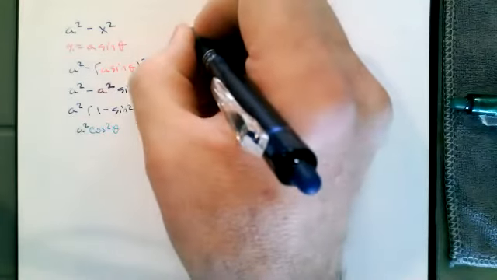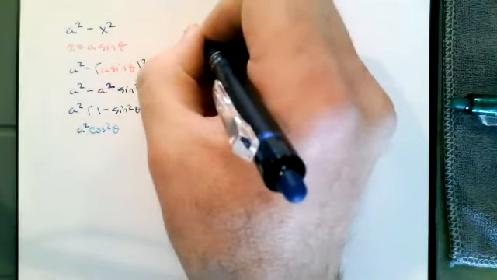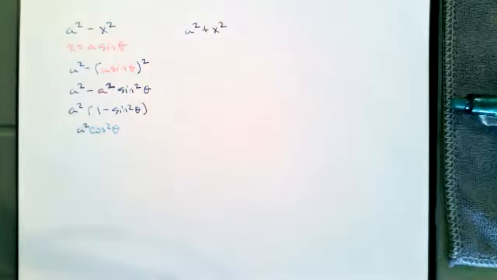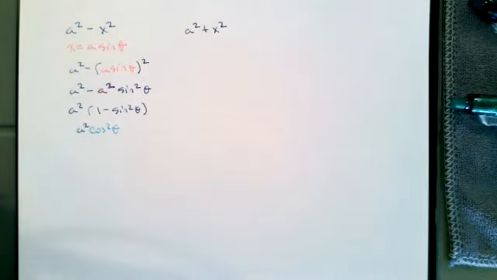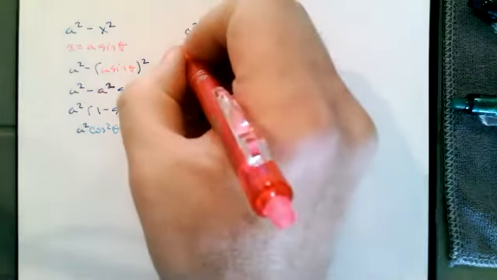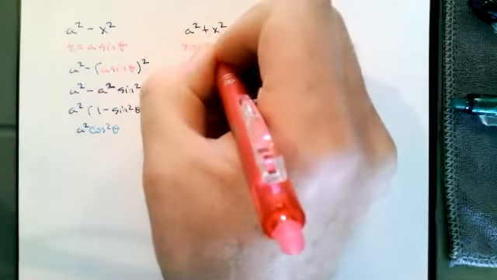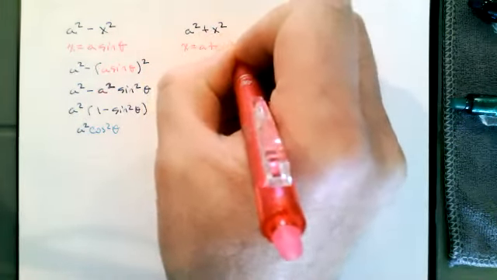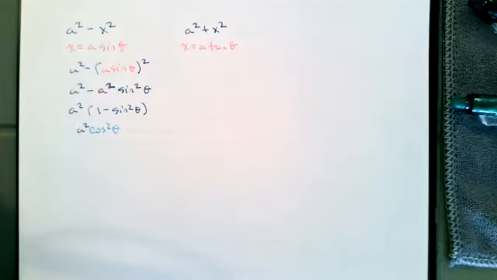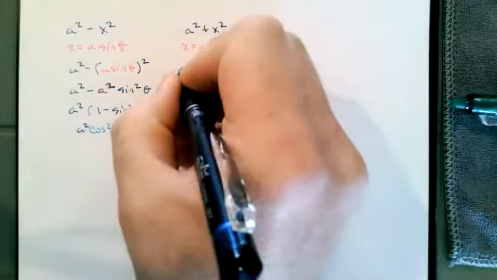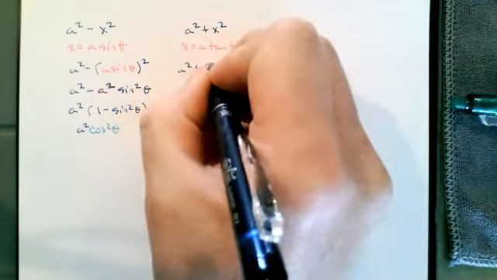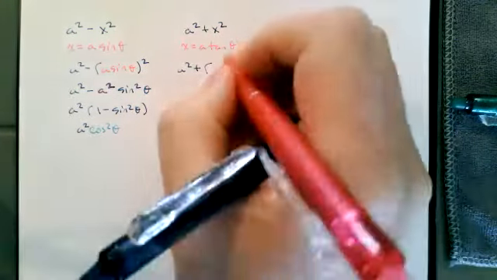The other case, because I did them out of order, would be a squared plus x squared. So this we know is the tangent case. So we'd make the substitution x equals a tangent theta. Plugging that in, we get a squared plus a tangent theta squared.